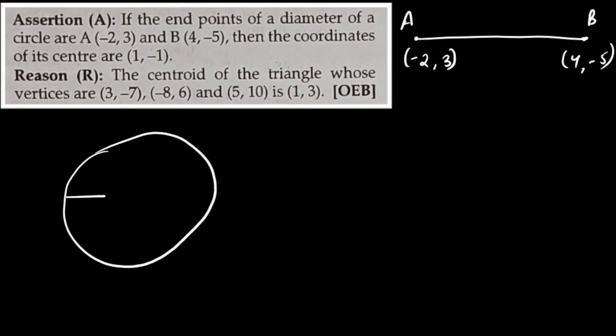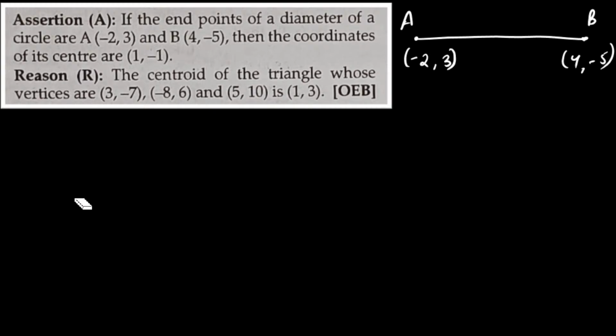See, a diameter is the line which passes through the center of the circle. The coordinates of the endpoints of the diameter are given to us, and they have mentioned the coordinates of the center are (1, -1).